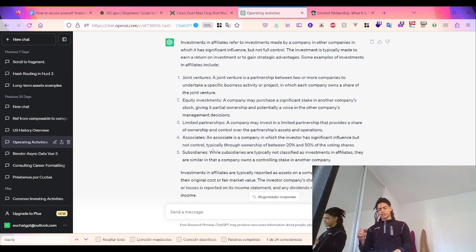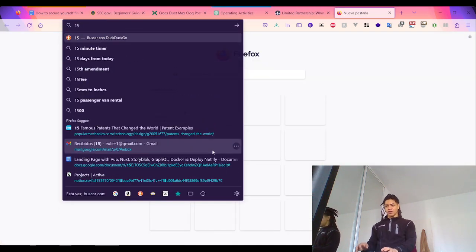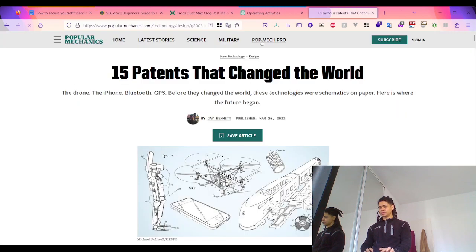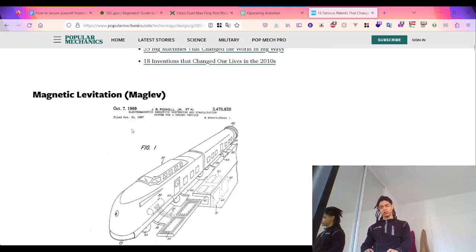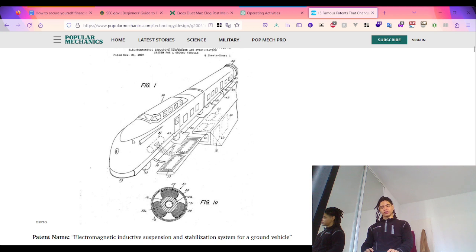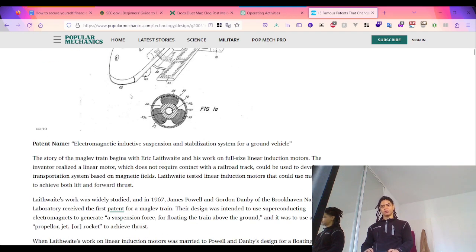There is an interesting website called Popular Mechanics, which mentioned 50 famous patents that changed the world. The maglev, an electromagnetic inductive suspension and stabilization system for ground vehicles, was issued in 1969, the same year as the internet or ARPANET.